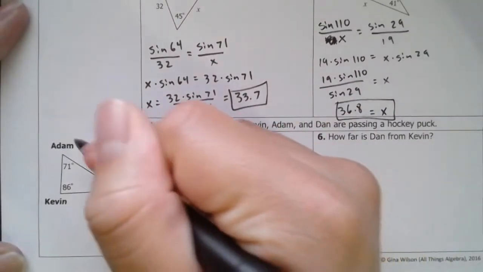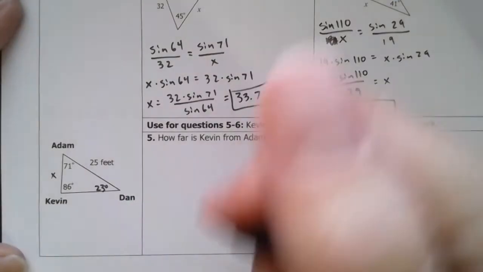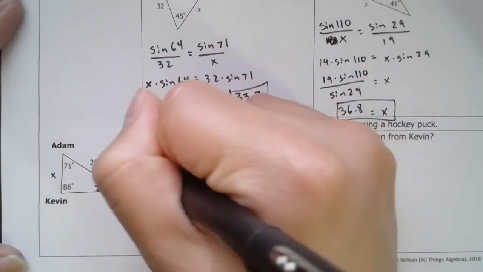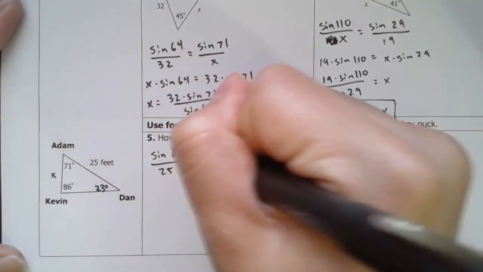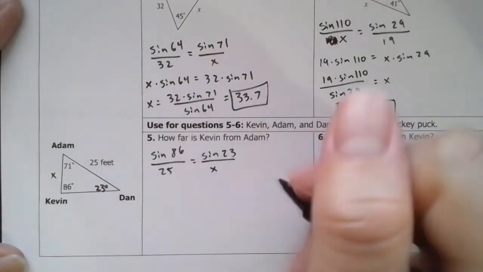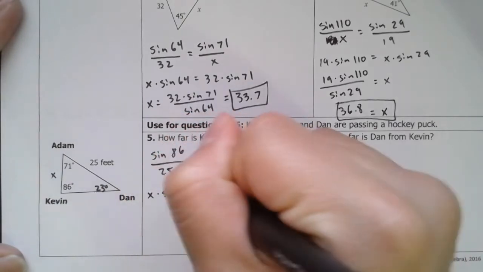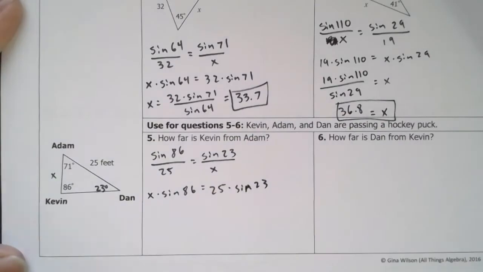So first question, how far is Kevin from Adam? Here's Kevin, here's Adam. We're going to call that side there x. And I have the sine of 86 over 25 is equal to the sine of 23 over x. So I got x times sine of 86 is equal to 25 times sine of 23.